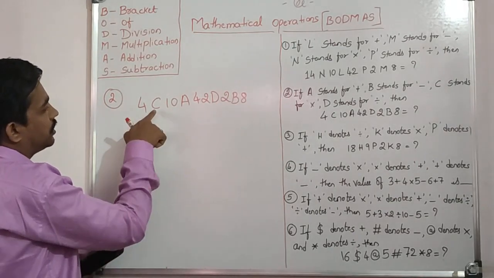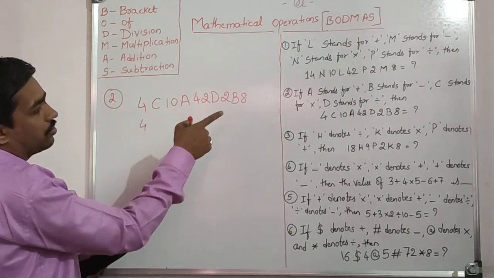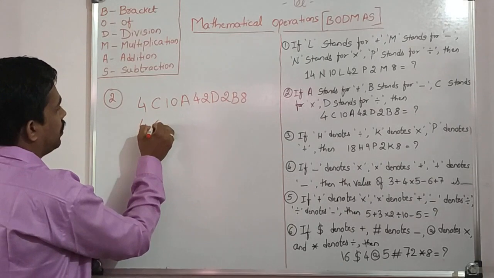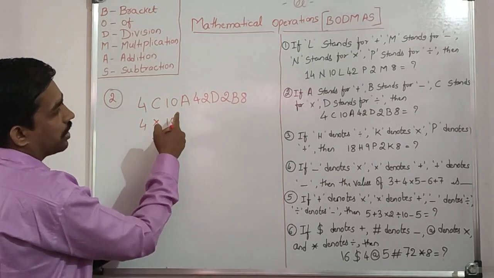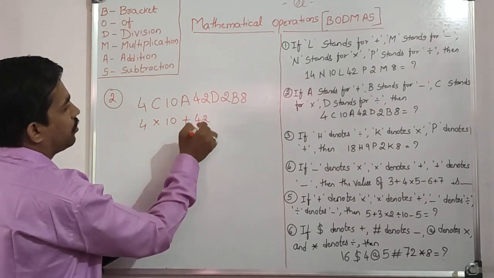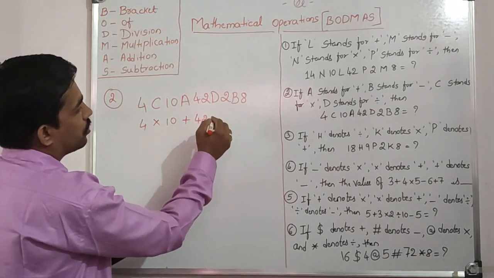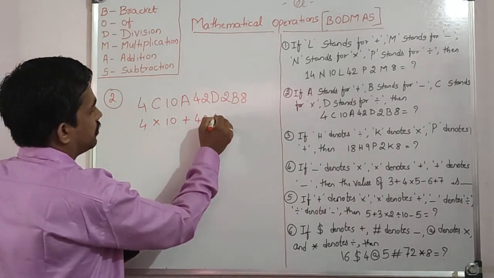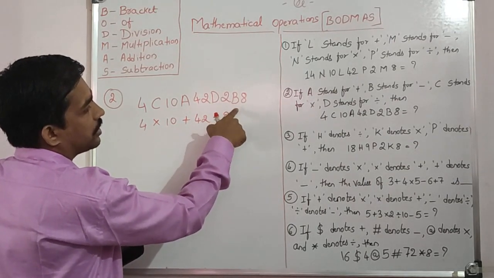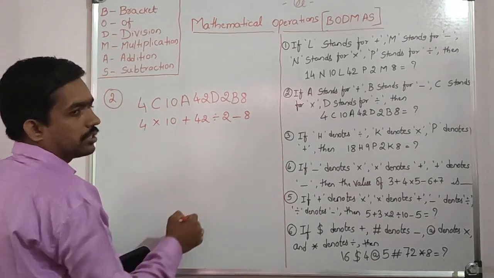You first have to substitute the alphabets with signs. C stands for into, 4 into 10. A stands for plus, 10 plus 42. D stands for divide, 42 divide 2. B stands for minus, minus 8.